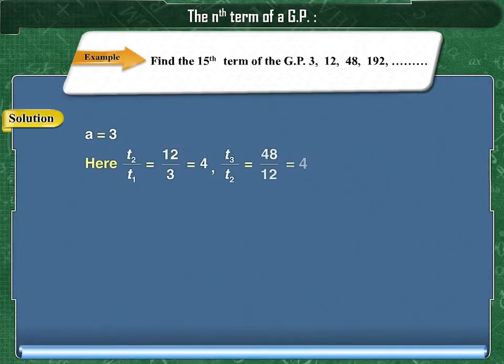We can find the value of T15 by substituting n is 15, A is 3 and R is 4. Therefore, T15 is 3 into 4 raised to 15 minus 1, which is equal to 3 into 4 raised to 14. Therefore, the 15th term of the given GP is 3 into 4 raised to 14.